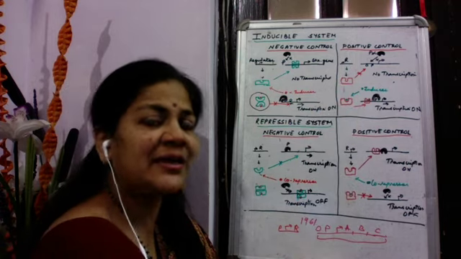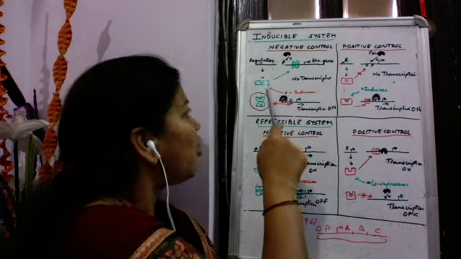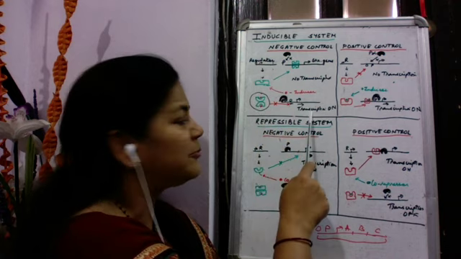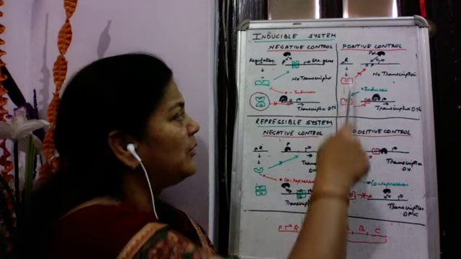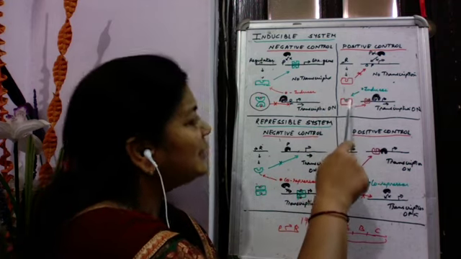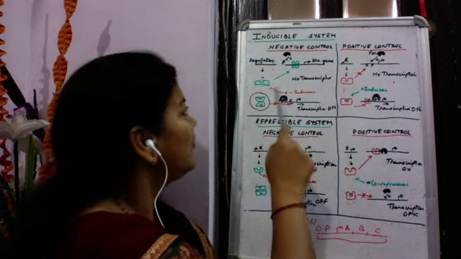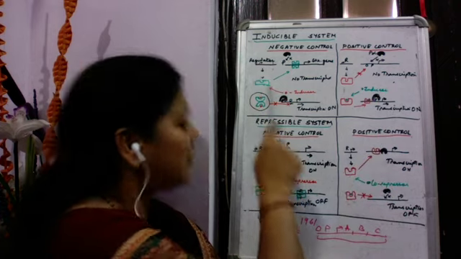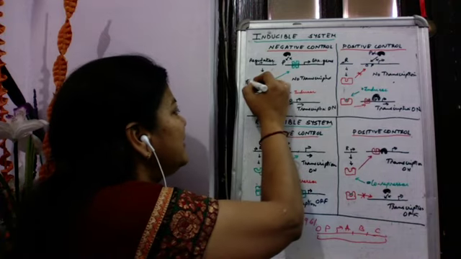What it means is, in negative control, the regulatory protein is not needed for the transcription to be on. On the other hand, in positive control, the regulatory protein is needed for the transcription to be turned on.